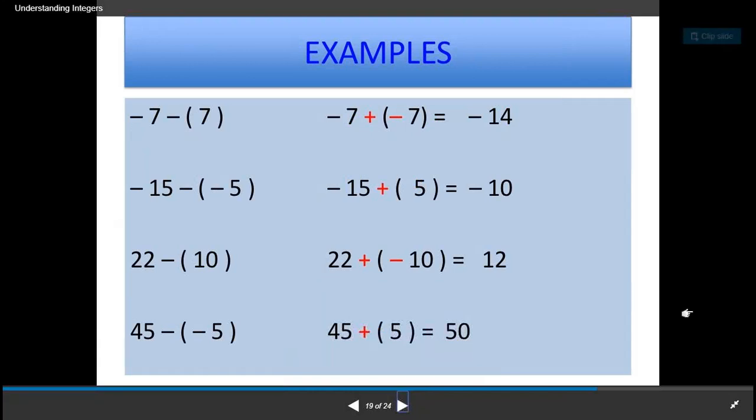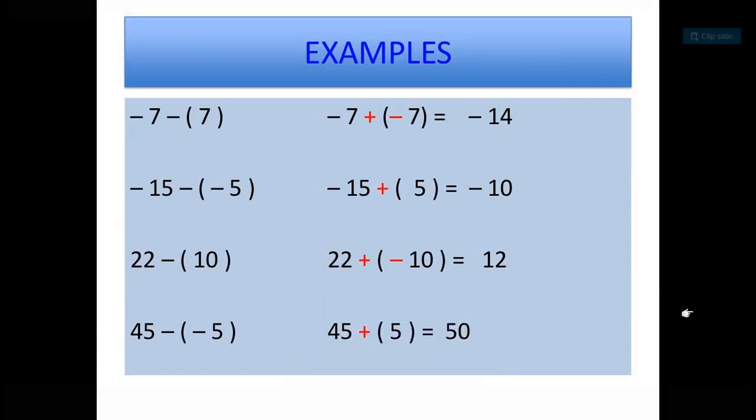In this case -7 plus, and then we have a minus, so it will be -14, because minus and plus will be minus, and then minus minus will be plus, but the sign will stay the negative sign. -15 minus -5, so -15 plus 5.